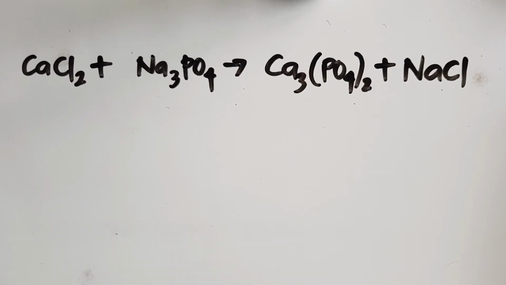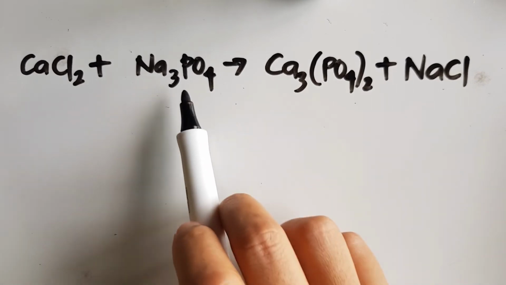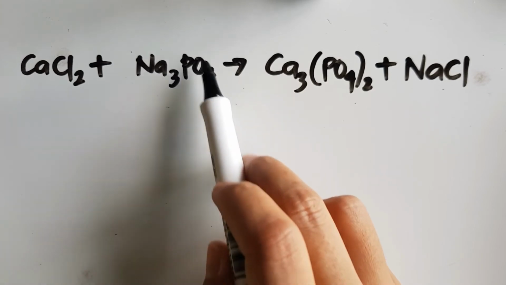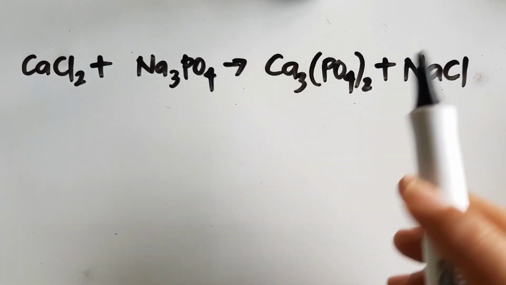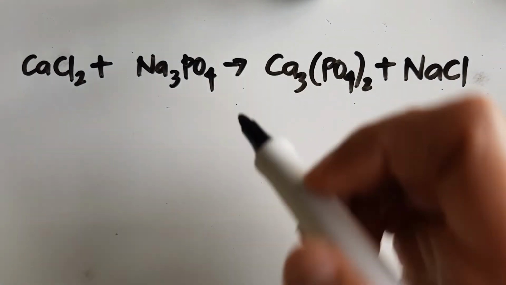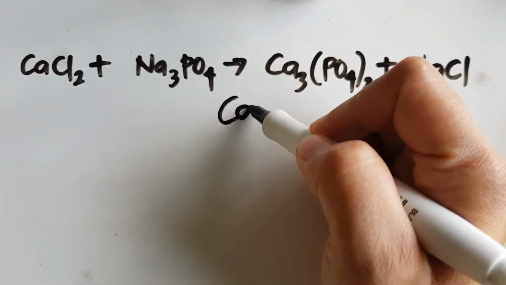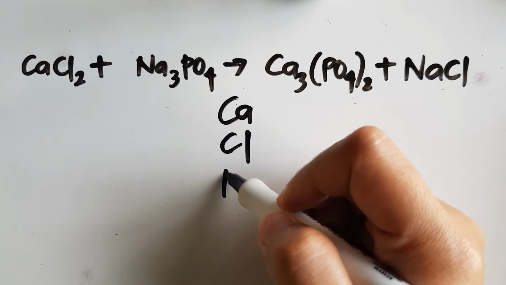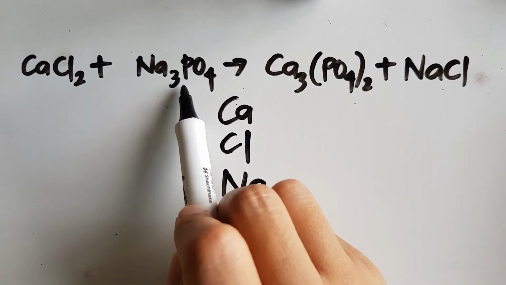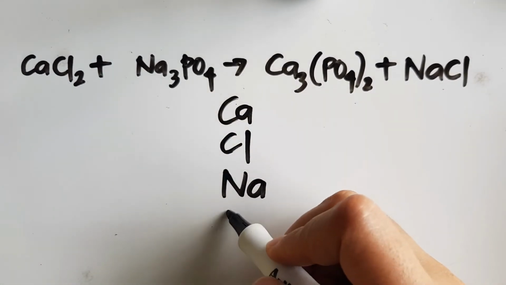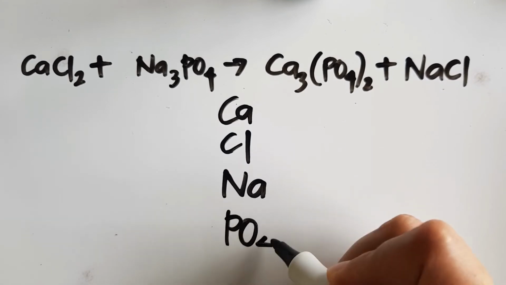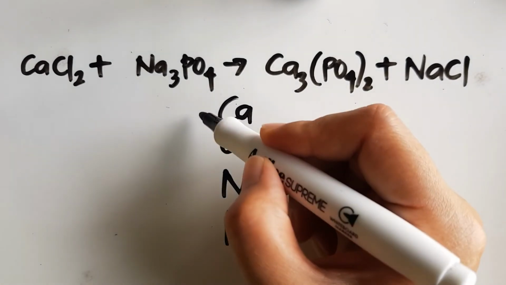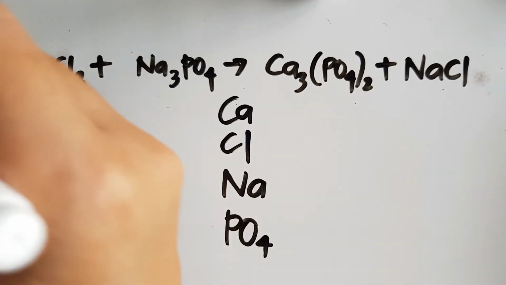Another technique in balancing equations is to treat polyatomic ions as one. So in this equation, I have the polyatomic ion PO4. Let's start balancing. So we have Ca, Cl, Na, and then instead of P, I'm going to make it PO4. And then let's start balancing.